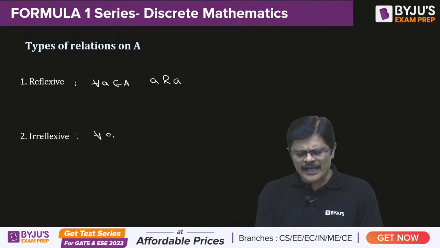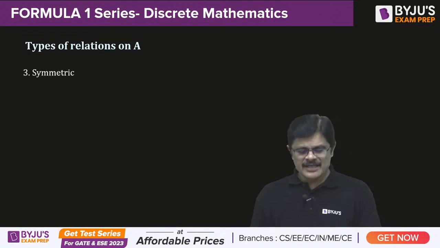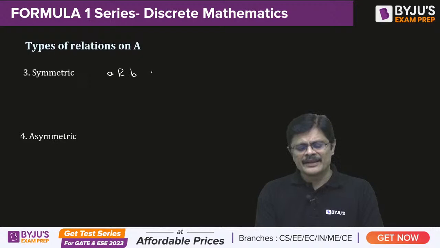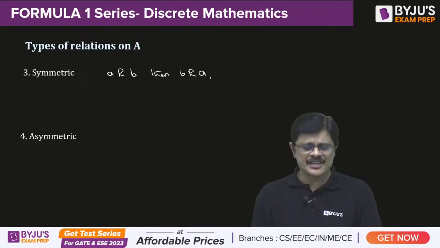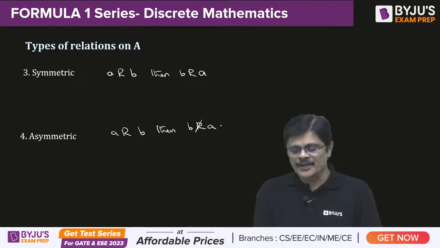Irreflexive means for all a belonging to A, a should not be related to a. Symmetric means if a is related to b, then b should be related to a. Asymmetric means if a is related to b, then b should not be related to a, my dear friends.